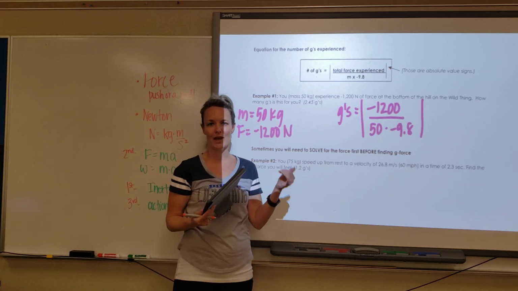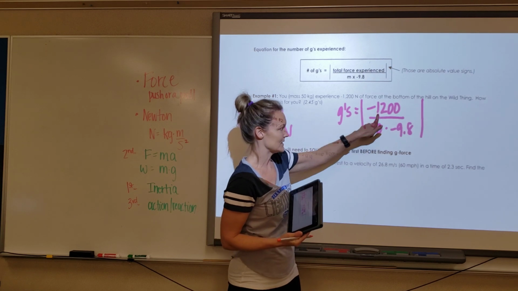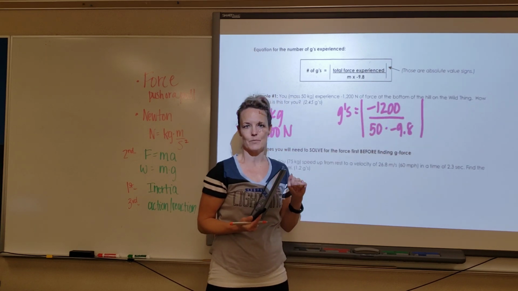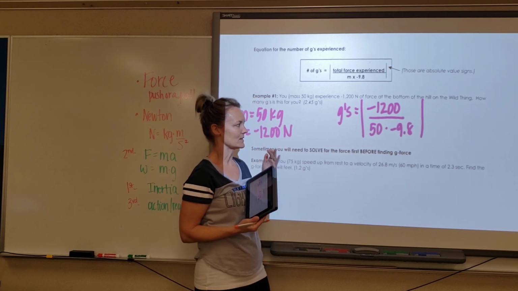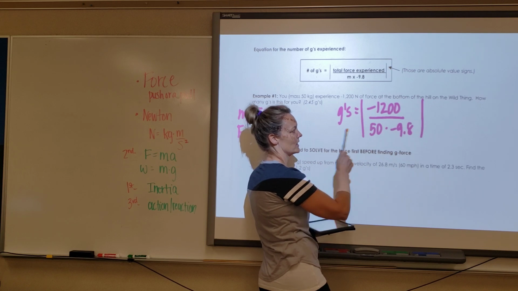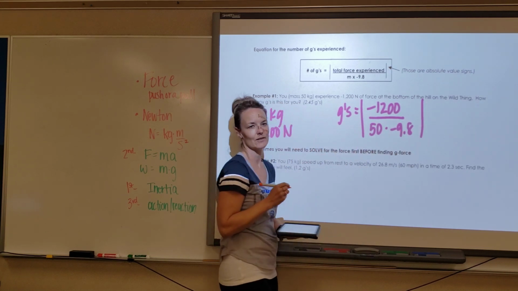Okay, into your calculator, you do have to either divide them separately or put the bottom 2 numbers in parentheses before you hit enter. So you have to take your negative 1,200 divided by, in parentheses, 50 times negative 9.8.